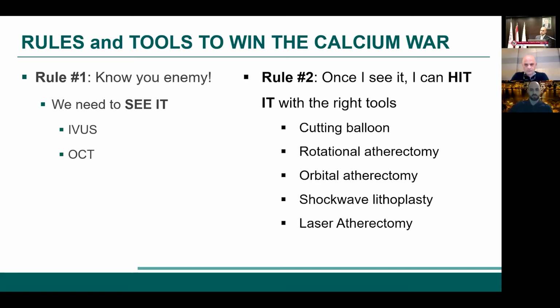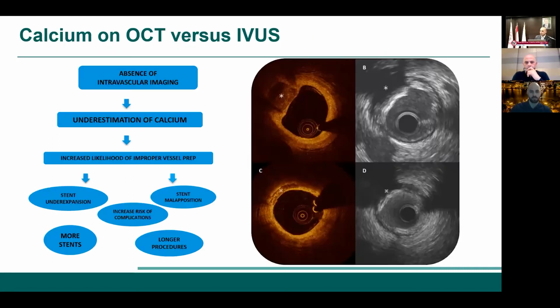Shaito just before me. We have orbital atherectomy, shockwave lithoplasty, the two newcomers, the new kids on the block. And then you have laser atherectomy, which I don't think is available in Lebanon, but which I've used, and again, we'll show it briefly, and I'm pretty sure we'll talk about it.